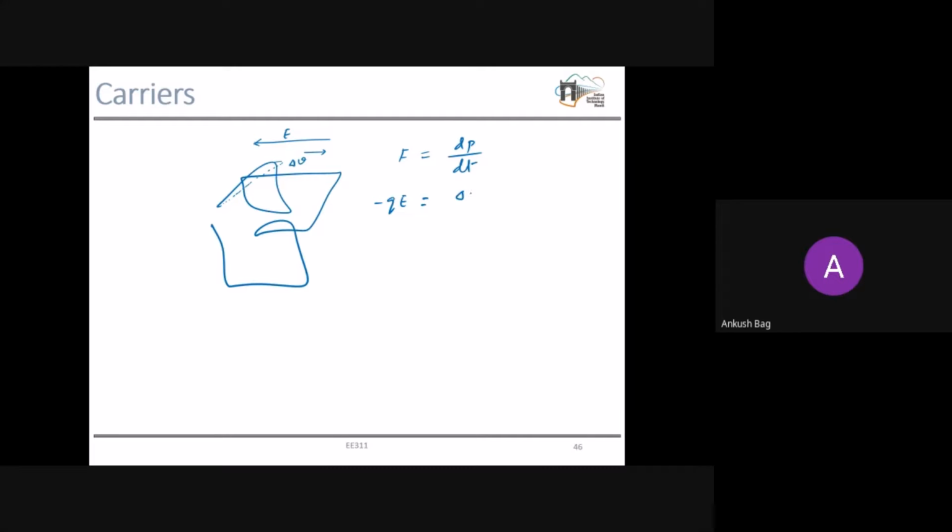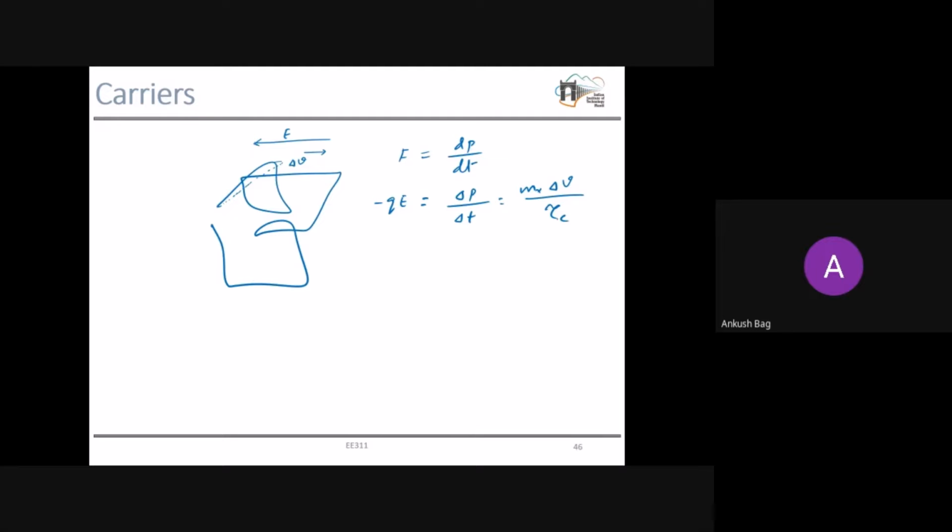Now this we can write in terms of del, and further in terms of m star del V divided by tau c. What is this tau c?